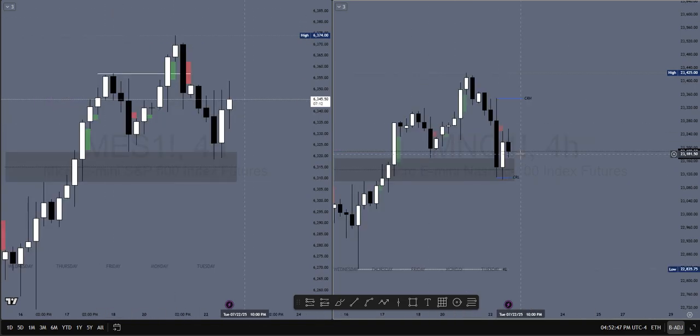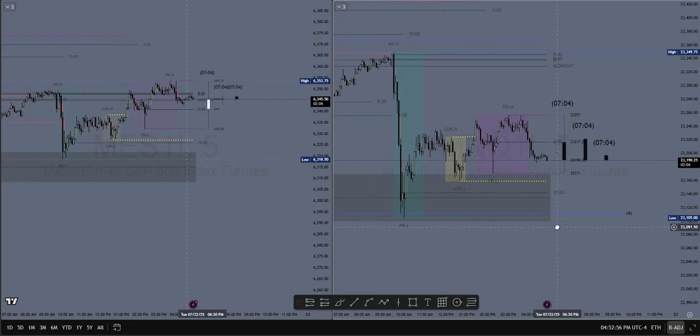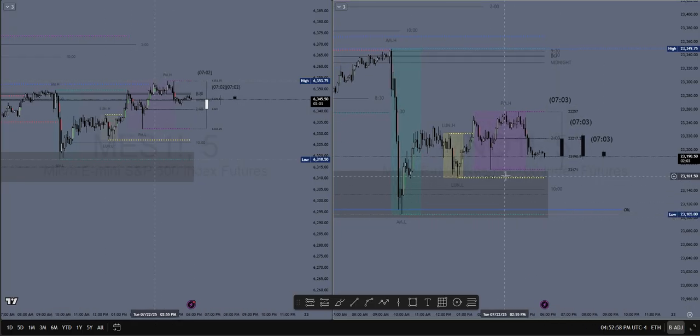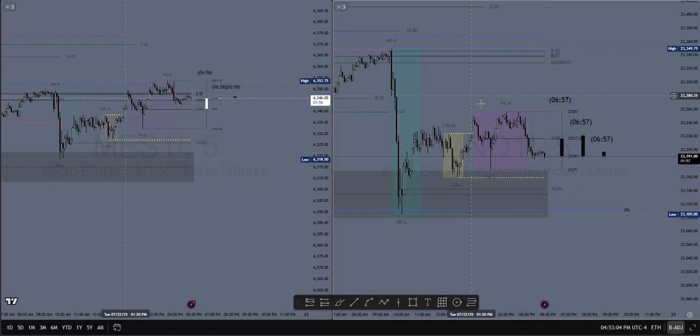So if this is our 4-hour CRT, you would look for our 5-minute entry point. So what do we see in the 5-minute? No imbalances. The only thing that I see is this wick right here.